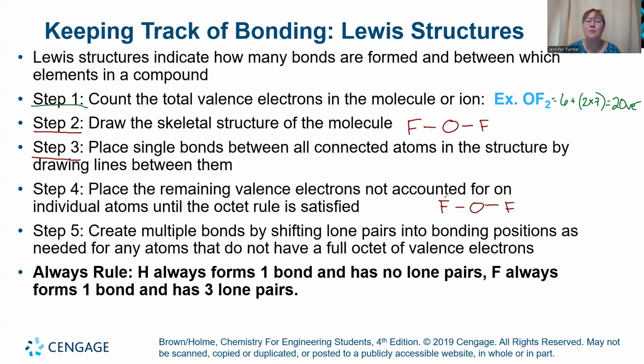So now we place the rest so that we follow the octet rule: 4, 6, 8, 10, 12, 14, 16, 18, and 20. Now each of these atoms has 8 electrons around it, and we have accounted for all 20 electrons. We don't need to put in any more bonds because it's completely satisfied.